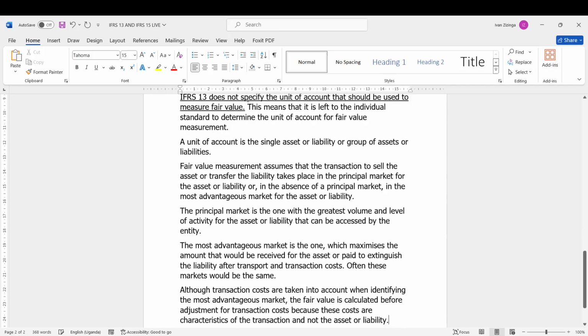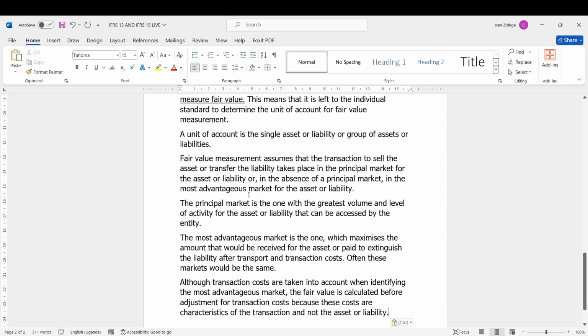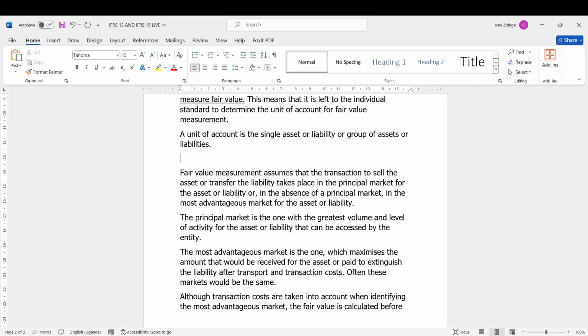And this one, I want us to discuss, someone talked about the principal market and then the most advantageous market. IFRS 13 says the transaction to sell an asset or transfer a liability is often in a principal market or in a most advantageous market.